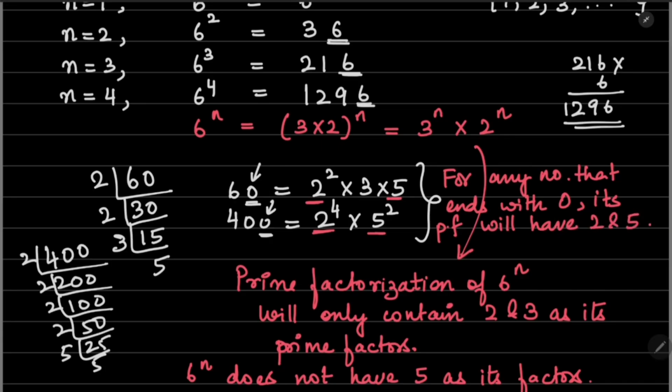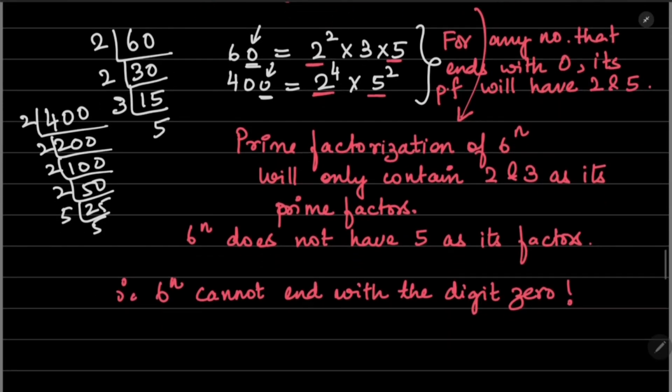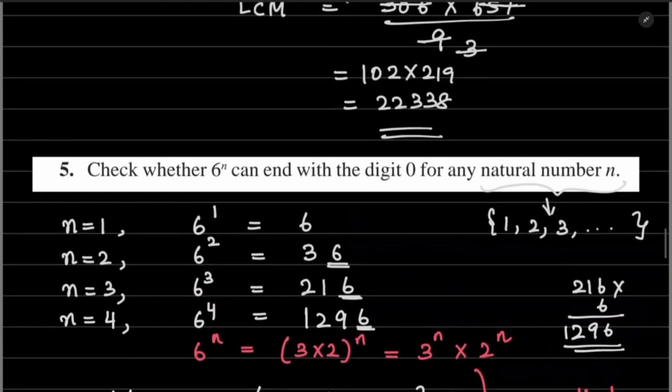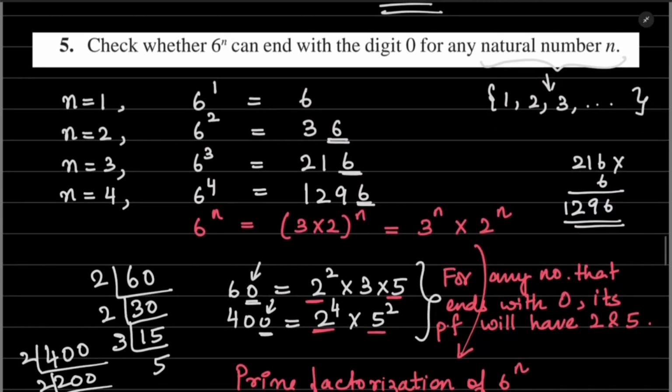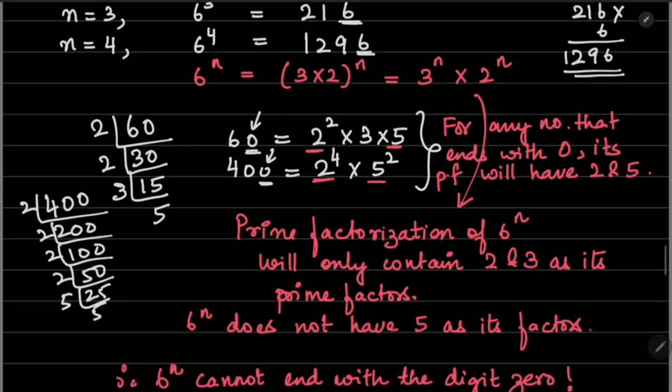So you have to elaborate and write this answer, right? This is how you have to do whenever you are asked a question of this kind, to check whether 4 raised to the power n can end with 0. You have to check and then decide. Okay, let's move on to the next question.